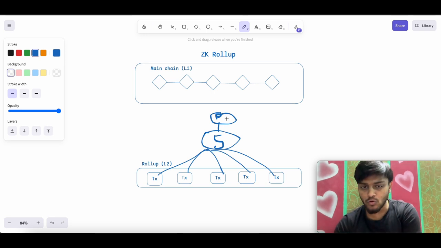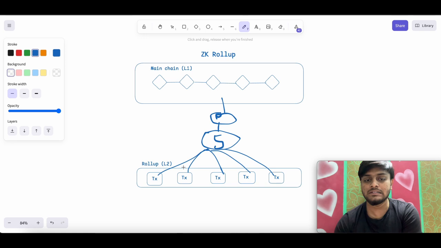It uses a zero knowledge algorithm to calculate the proof, and it only submits the proof to L1. If the proof is valid, this transaction will get confirmed over here.